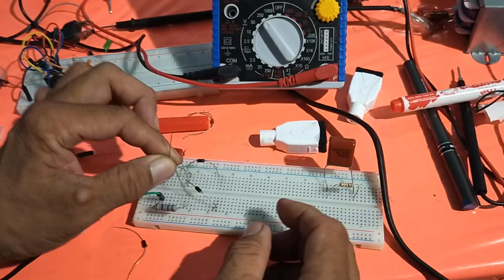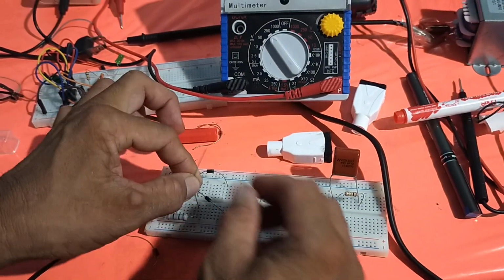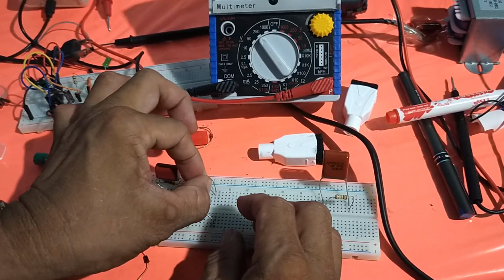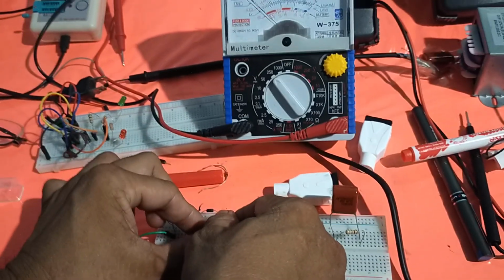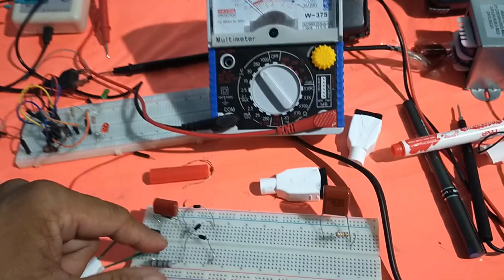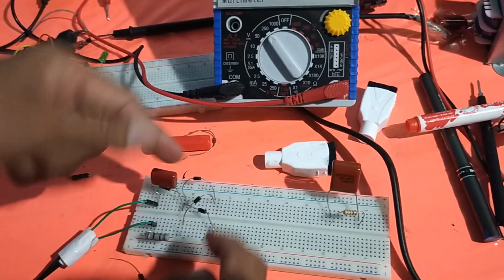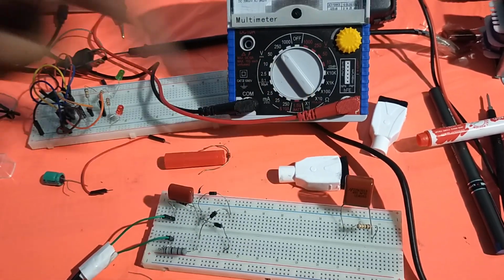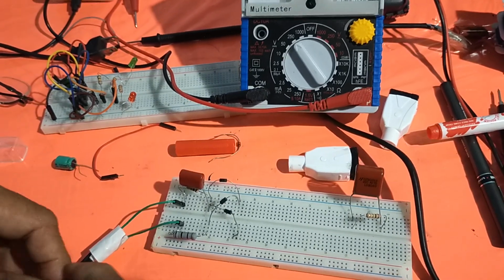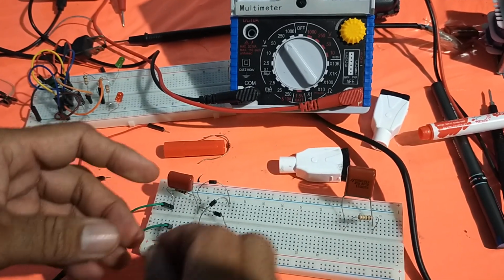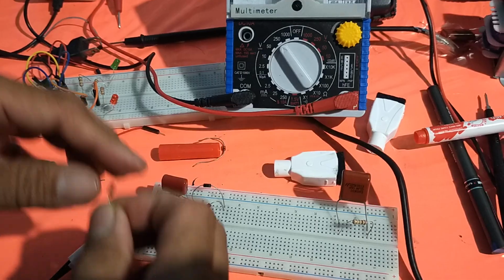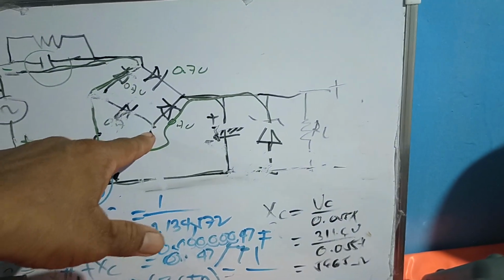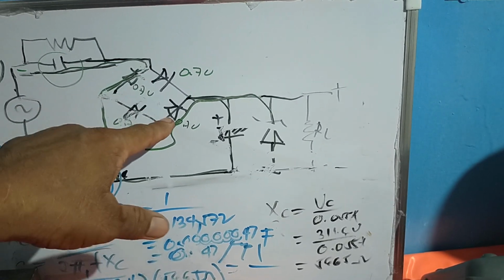So, it goes like this. Anode, cathode. So, the two cathodes are connected together here. Then the anode is over here.